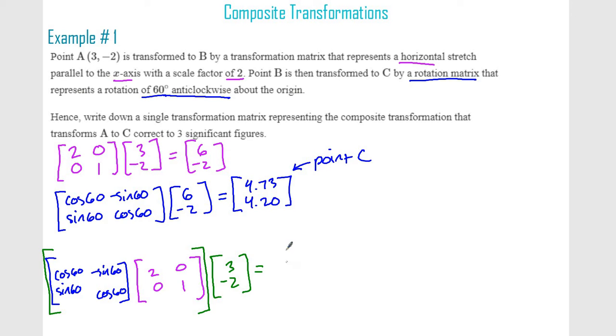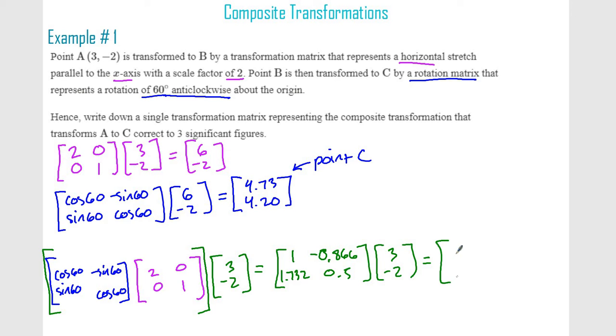When you multiply those together, you end up with 1, negative 0.866. Ooh, that's not a negative, that's 1.732 and 0.5, times 3, negative 2. Okay, and that should give me my new point.